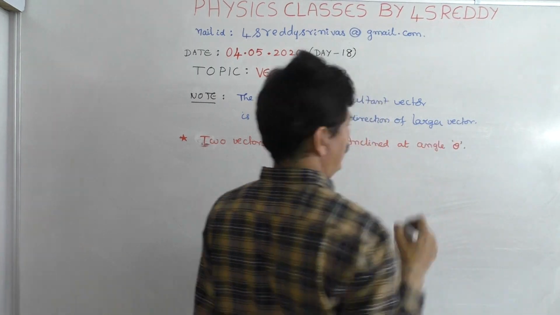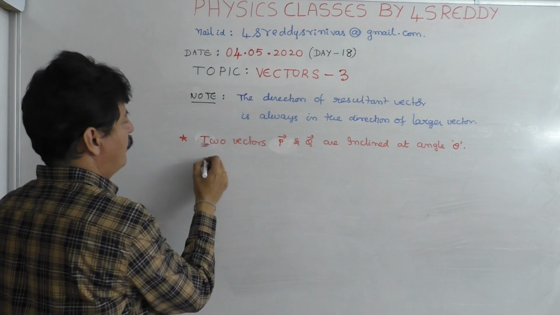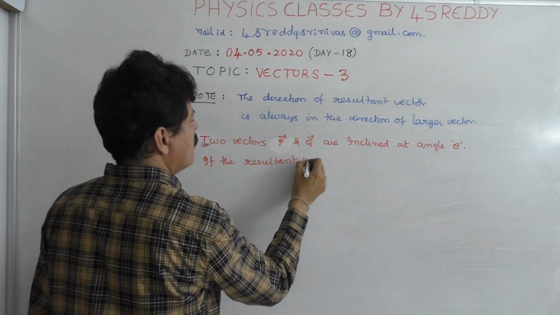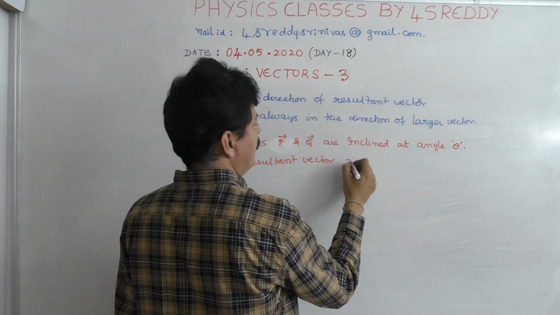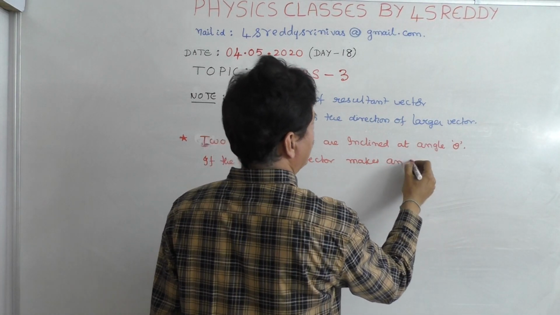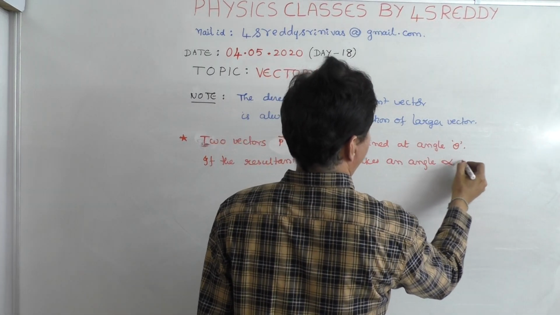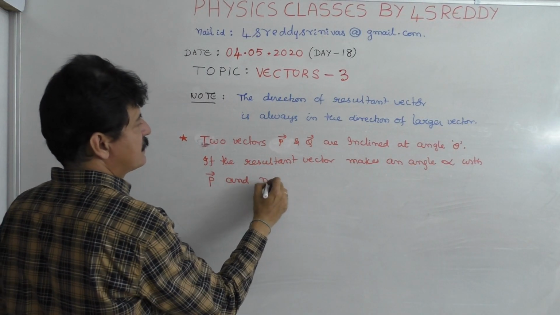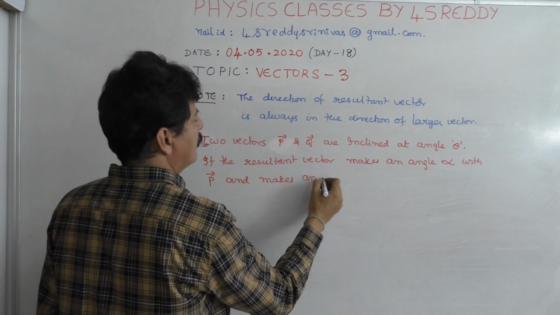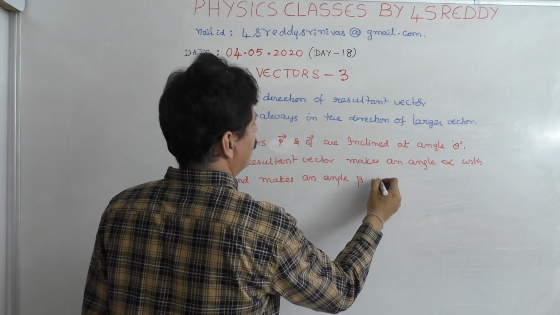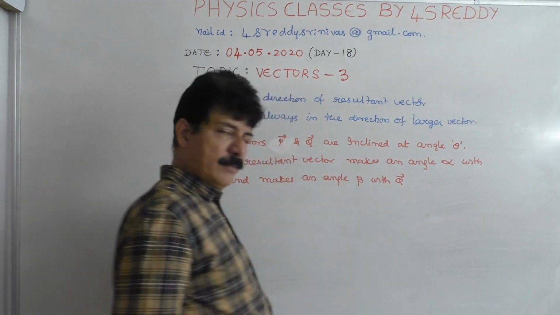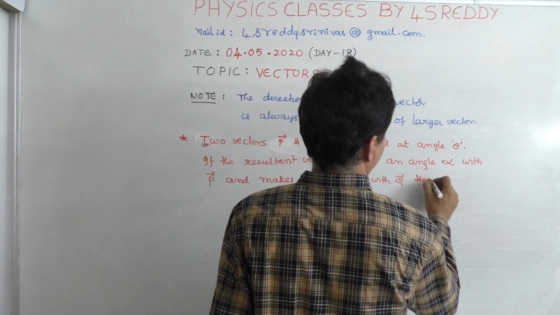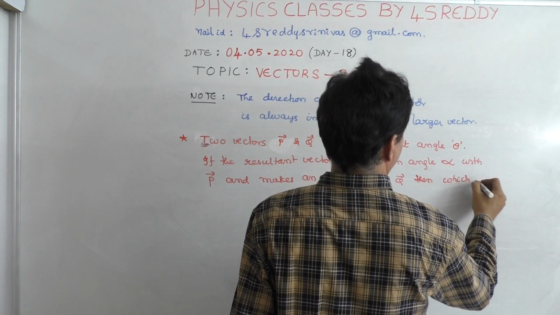If the resultant vector makes an angle alpha with P bar and makes an angle beta with Q bar, then which relation is correct?